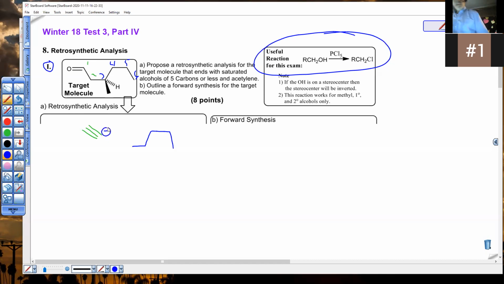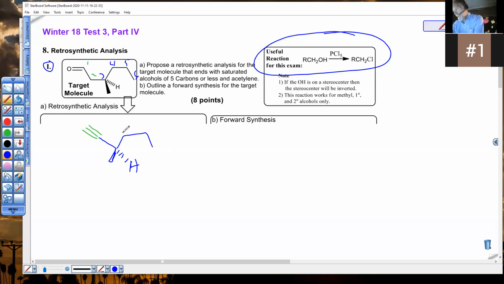Wait, I'm 2 steps ahead of myself. Sorry. This came from here. There, H here. The last step makes a terminal alkyne into an aldehyde. I was already thinking about how to make this bond.